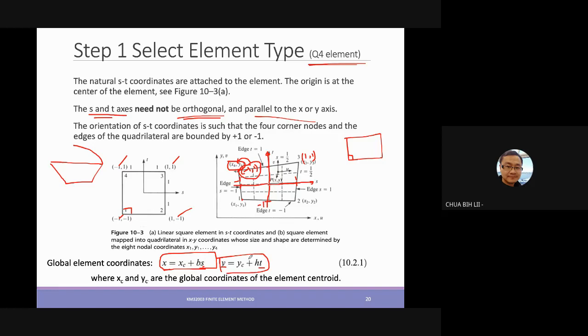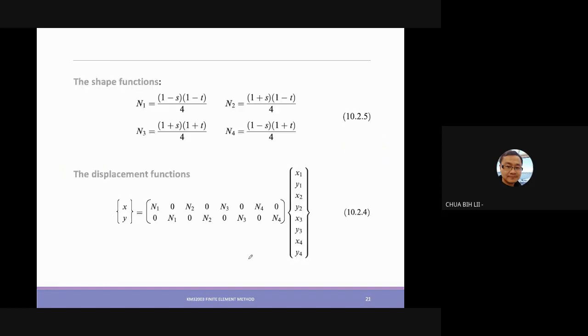So as you would expect, the shape functions now would be exactly the same. Instead of X and Y, it would now become S and T. Very straightforward. And then the displacement function can be expressed in this form, exactly the same, just take it and change to S and T.